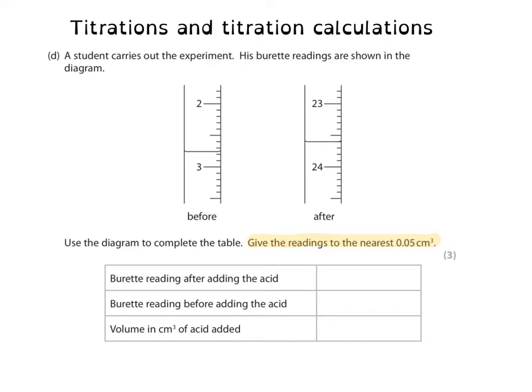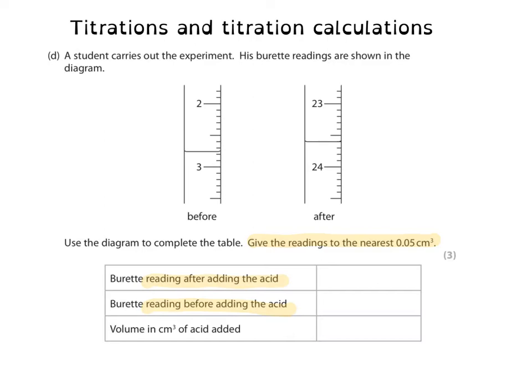You also need to read the table carefully. The table is written in a peculiar order because the first bit of the table says burette reading after adding the acid, and then the next line says before. We'll write those down and then we'll work out why it does it that order.